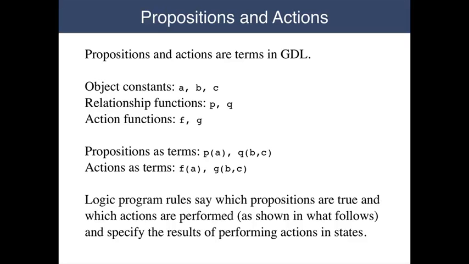For example, supplying relationship functions P and Q to primitive objects, applying them to primitive objects A, B, and C, we end up with propositions like P of A and Q of B, C. And applying operations F and G to these objects, we end up with actions like F of A and G of B, C, and so forth. The rules in a game description say which propositions are true and which actions are performed, as shown in what follows, and specify the results of performing those actions.